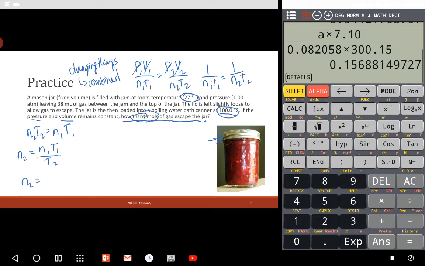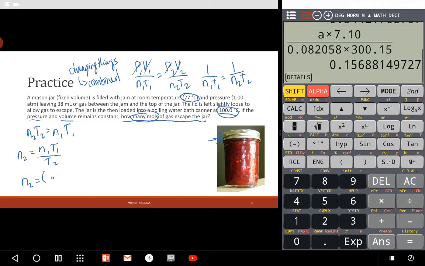I'm going to be needing to solve for my final N, but that's not going to be my final answer. It's asking for how many moles escaped. So I'm going to have to do some subtraction here to figure out final minus initial, like how much did that change. But one thing at a time. I'm not even given my initial N, am I?